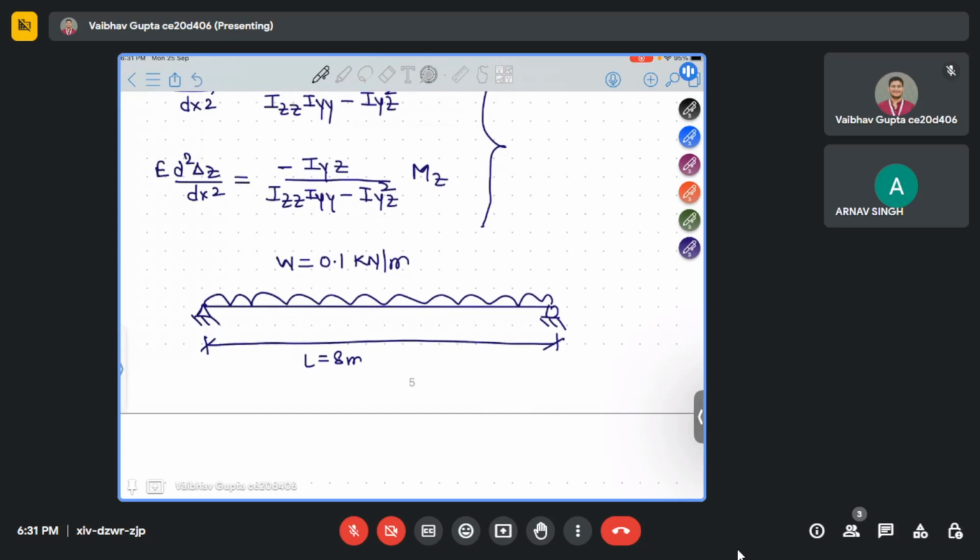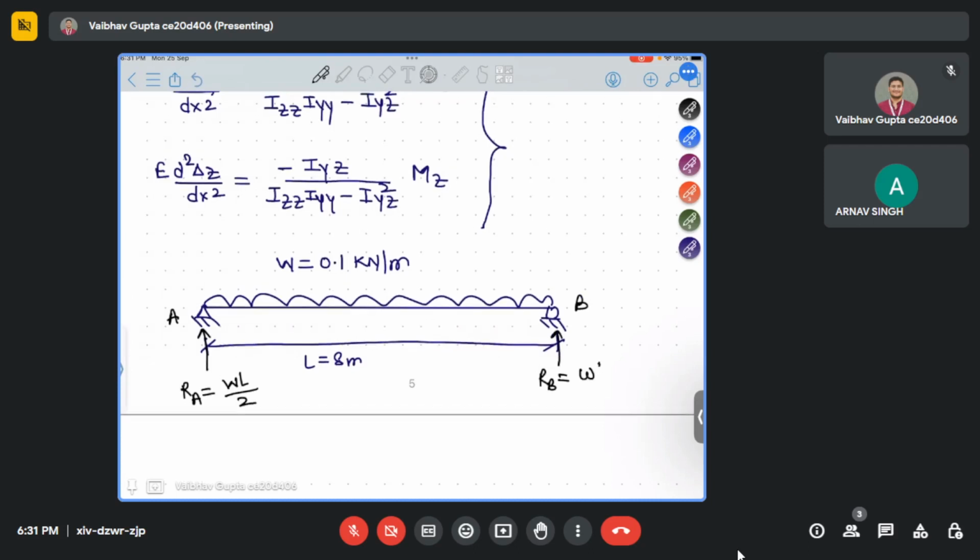See, this structure is symmetric, loading is symmetric, so reactions will come at A point and B point. So RA will be equal to WL by 2. Are you getting this point, or shall I solve to show you how you are getting this? Yes sir, RA is equal to WL by 2.